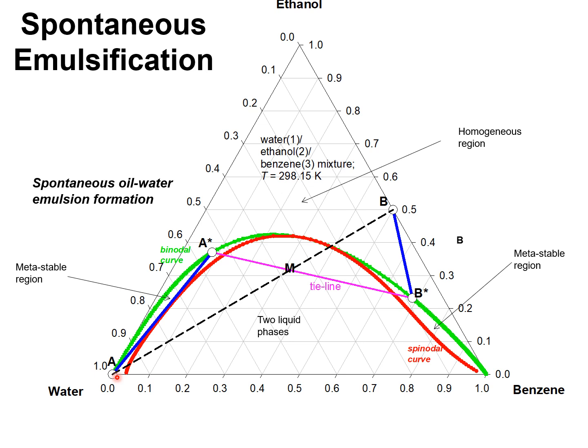What is interesting is that the equilibration trajectories indicated in blue by these two lines, in this water-rich region, end up in the metastable region between the binodal and spinodal curve, and therefore this will undergo spontaneous emulsification to produce droplets of benzene in water.